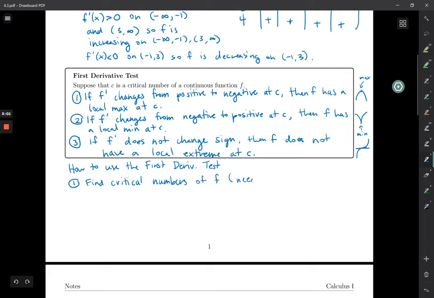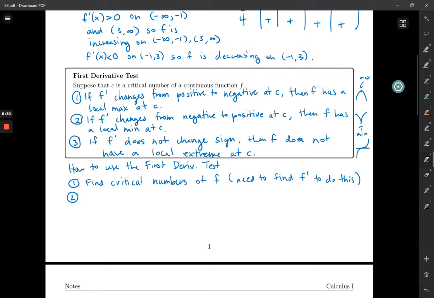You'll need to find f prime to do this, right? So really the first step is to find the derivative. And then you'll find the critical numbers by finding all points where the derivative is either 0 or undefined, and make sure that those points are actually in the domain of the original function.